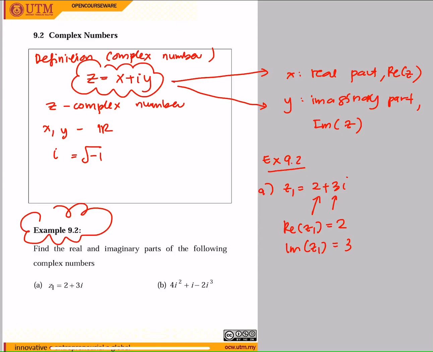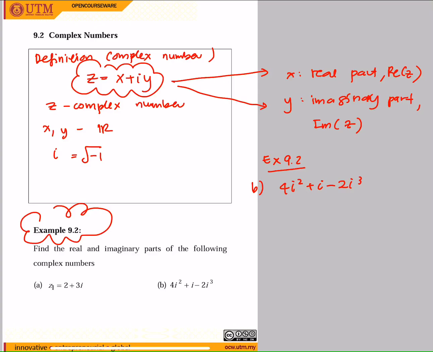Now let's look at part B. How do we want to solve 4i squared plus i minus 2i cubed? How do you find the real and imaginary parts? For this case, we need to simplify it first, because we know the definition of a complex number is Z equals X plus iY.